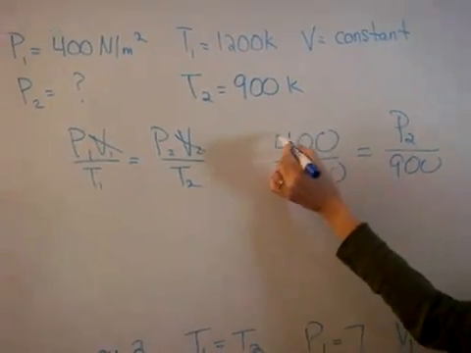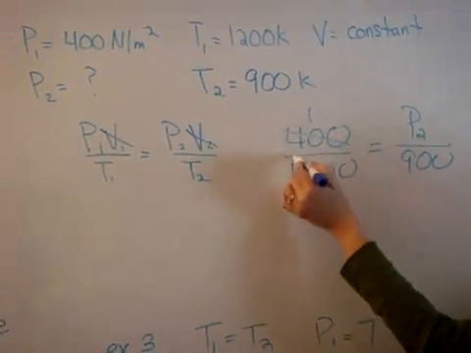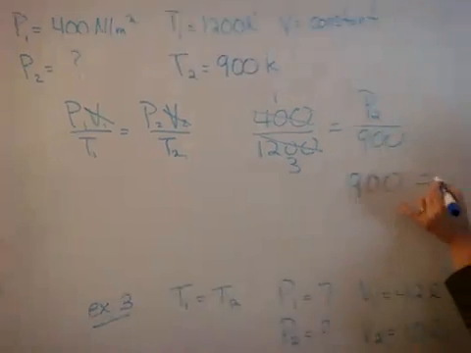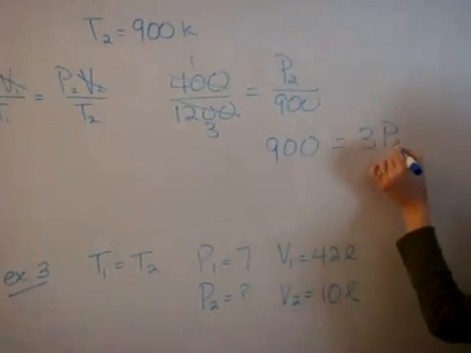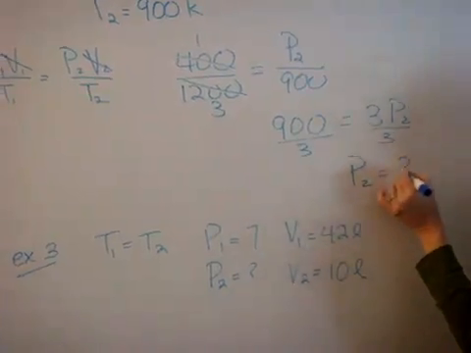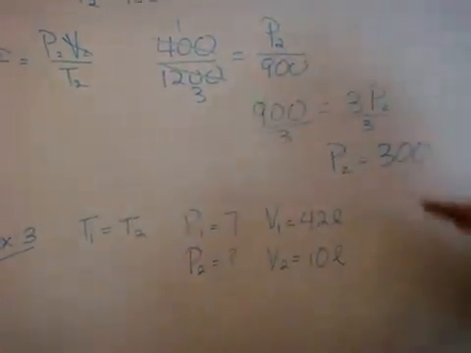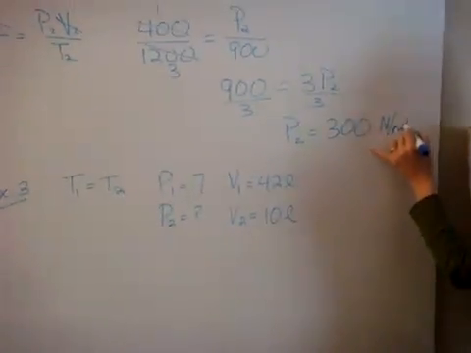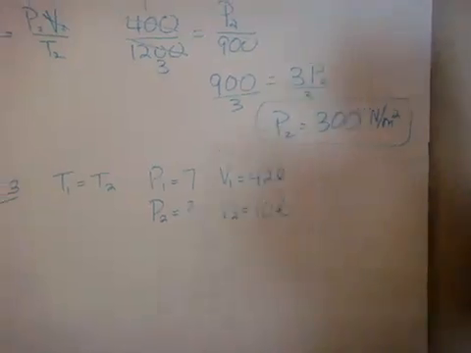We can reduce this, so it will go in 3 times, so we would get 900 equals 3 pressure 2. Divide both sides by 3, and we would get pressure 2 equals 300. We have to see what our pressure is measured in, and it's newtons per meter seconds. So we just put newtons per meter seconds. That's all there is to that.